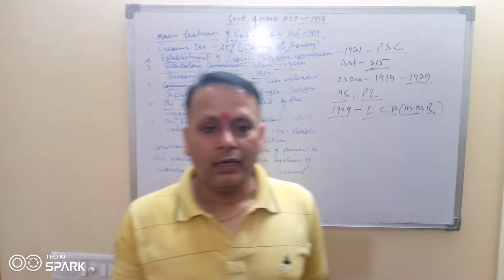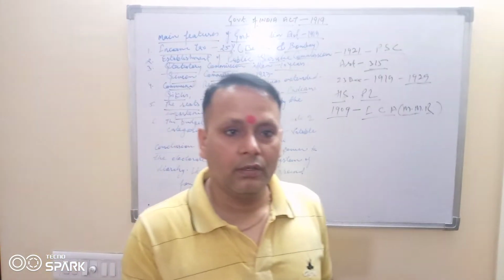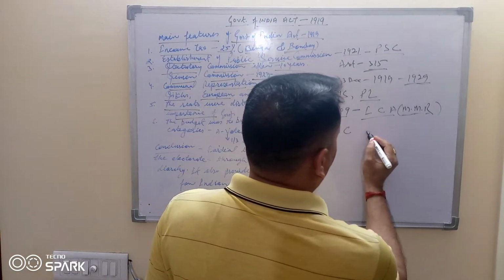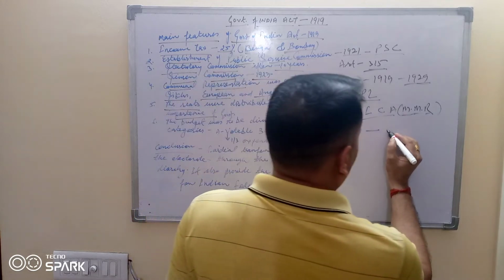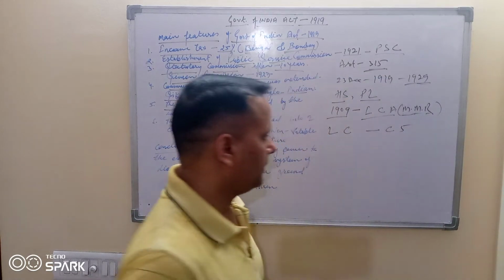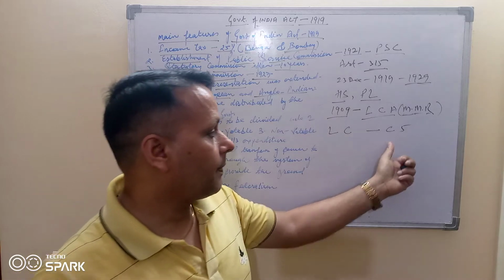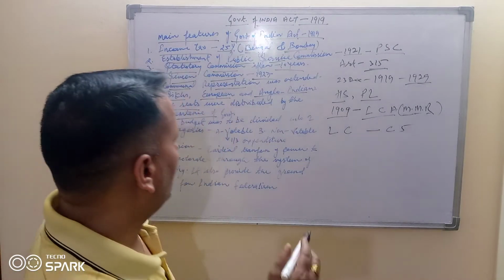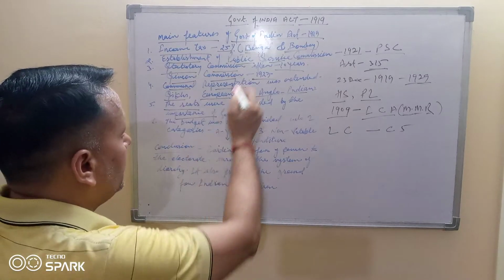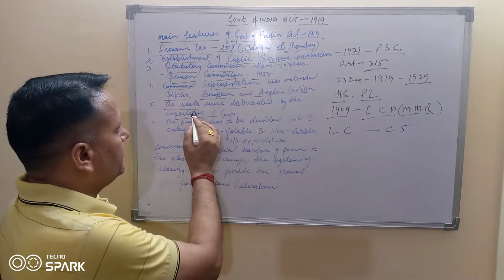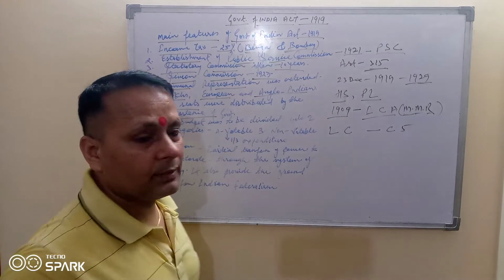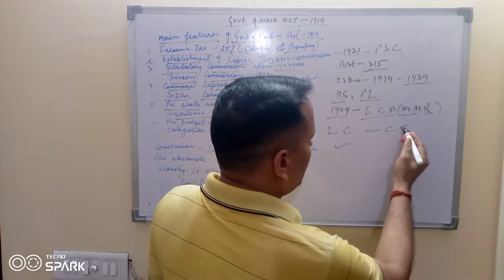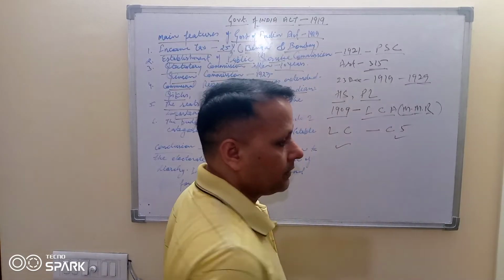One is the Legislative Council and the second one is the Council of State. So, according to this act, the seats were distributed by the importance to the government, in the Legislative Council and the Council of State.